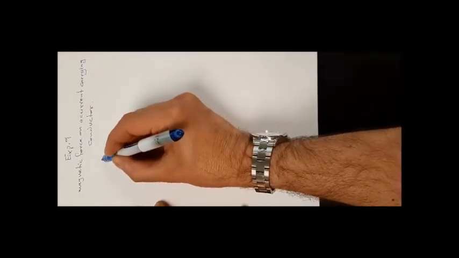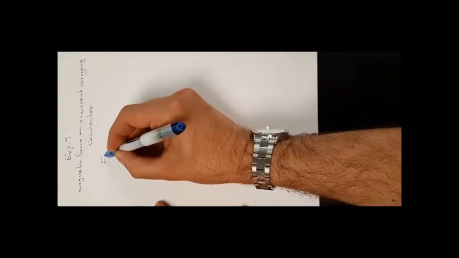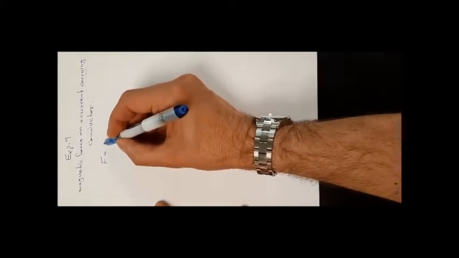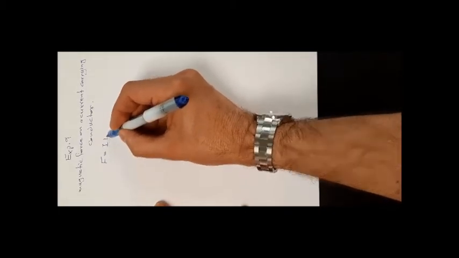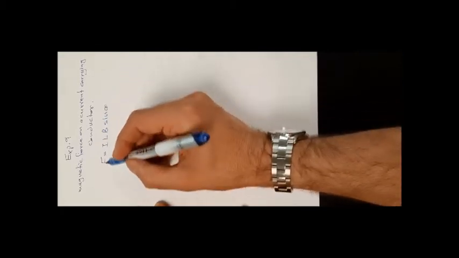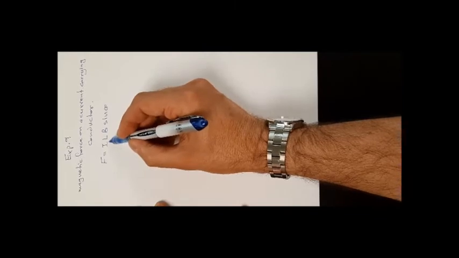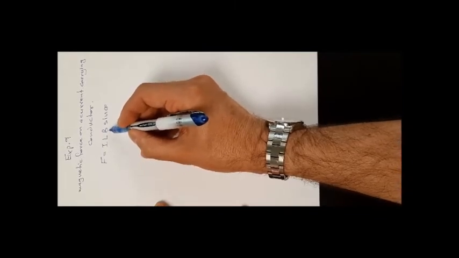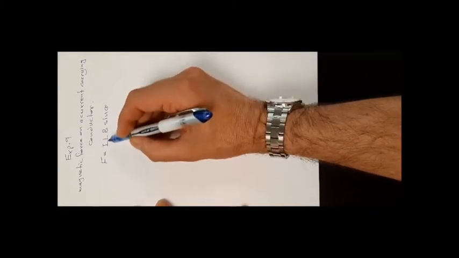For a wire that carries a current, as you know from our classes, this force is calculated from the formula F equals I L B sine theta, where F is the force, I is the current, L is the length of the wire, B is the strength of the magnetic field, and theta is the angle between the current and the magnetic field directions.